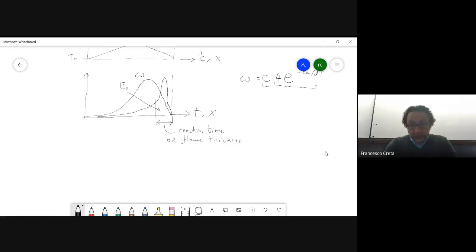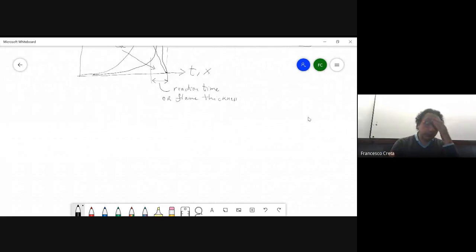Now, we can start playing around a little bit with two prototypes of reactions, just to see how the temporal evolution plays out. Now, we will talk about reversible reactions.